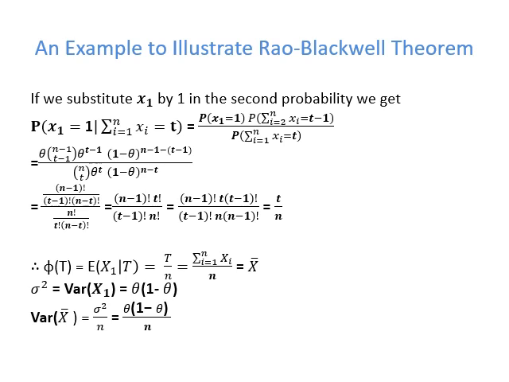Whereas the variance of x bar is equal to sigma squared over n, and sigma squared is equal to theta times 1 minus theta. So the variance of x bar is equal to theta times 1 minus theta over n. We want to compare these two terms together to see which one has a smaller variance.